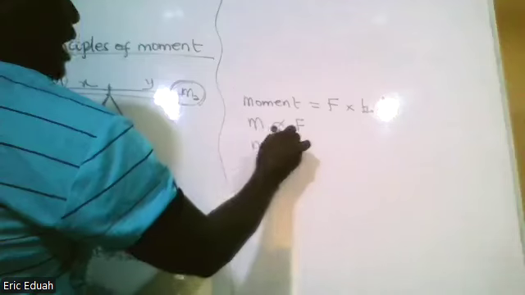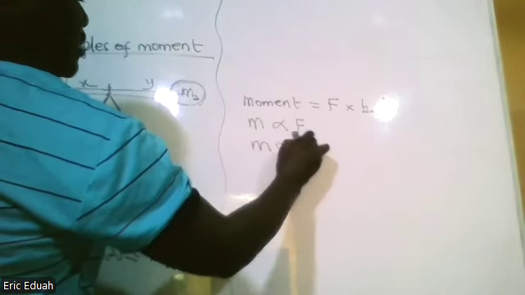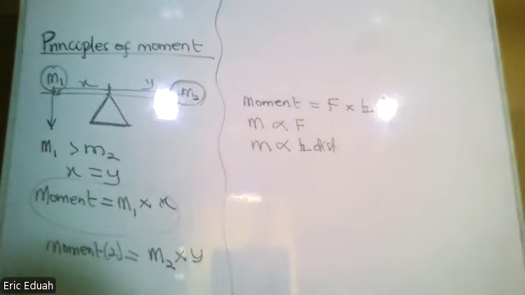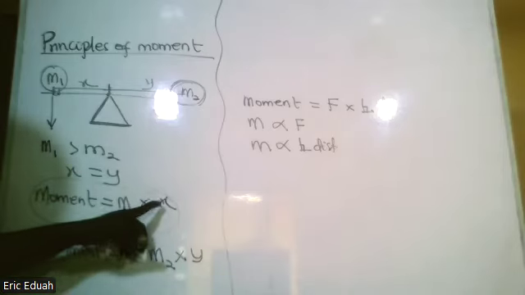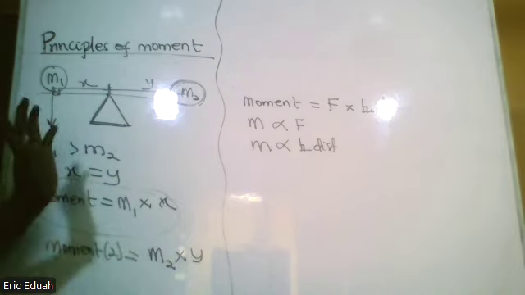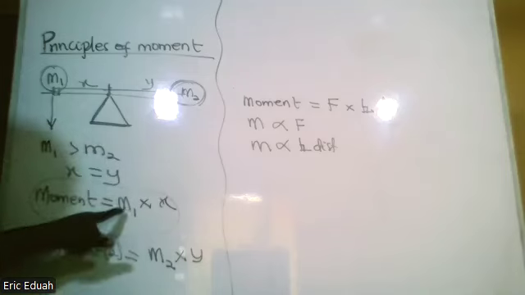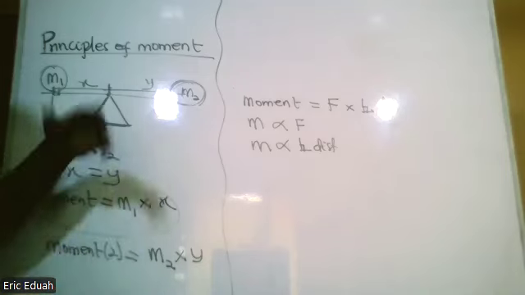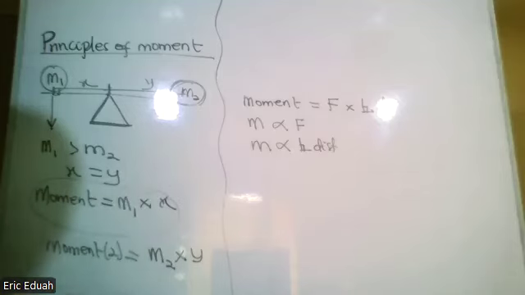Moment is also directly proportional to the perpendicular distance. When perpendicular distance increases, moment also increases. But here is the case, X is equal to Y. So the perpendicular distances are the same. Meanwhile, it is the masses that are different. And so the larger one will be greater than the smaller one.